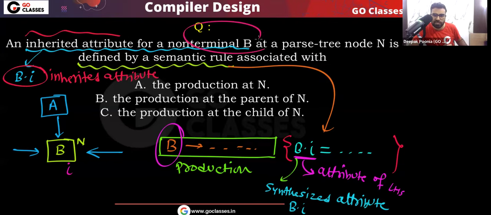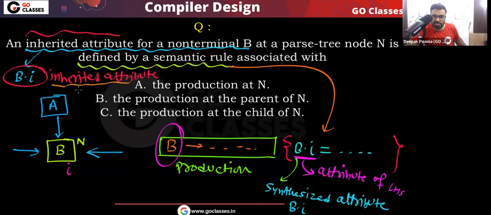So remember, for this non-terminal B, this I attribute cannot be inherited as well as synthesized. Either it will be inherited or it will be synthesized, but not both. The question is saying that B dot I is inherited. Then definitely you cannot put this B on the LHS. Do you agree with me? So definitely there is a contradiction here.